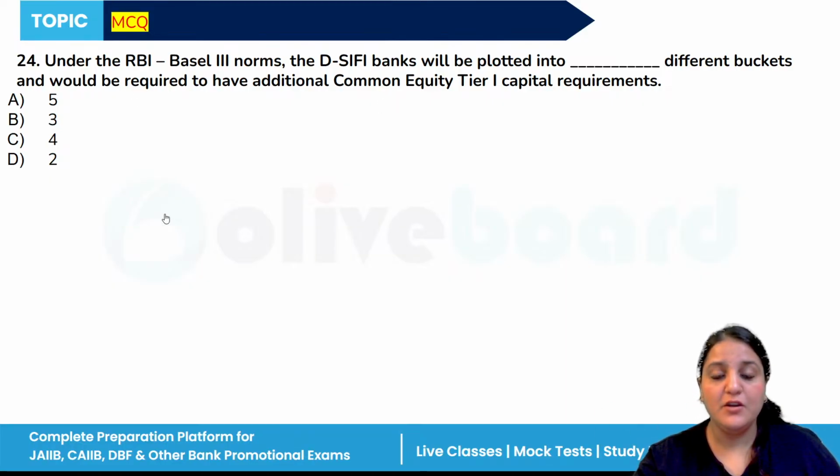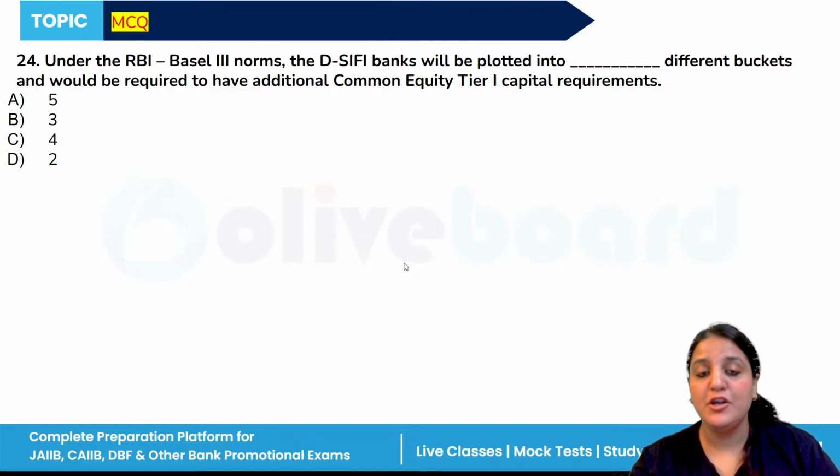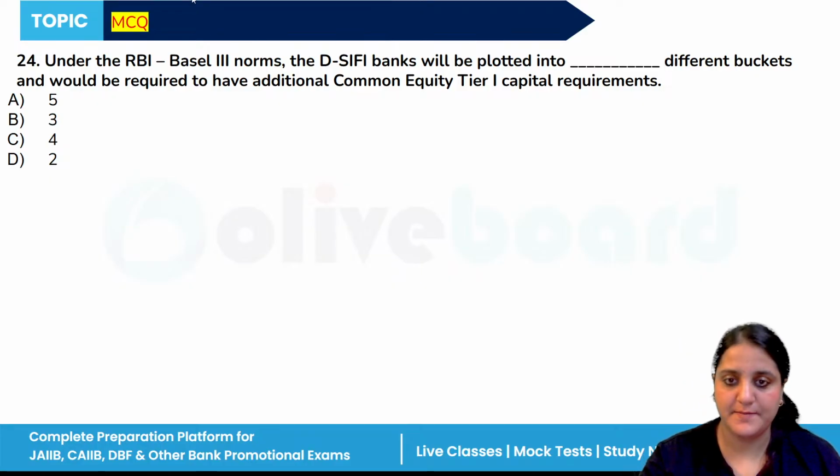So they are required to maintain a common equity tier 1 capital buffer to manage higher risk.